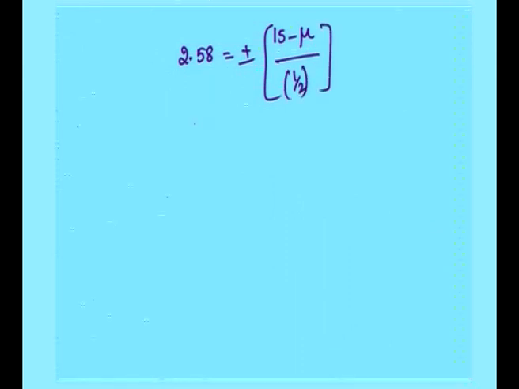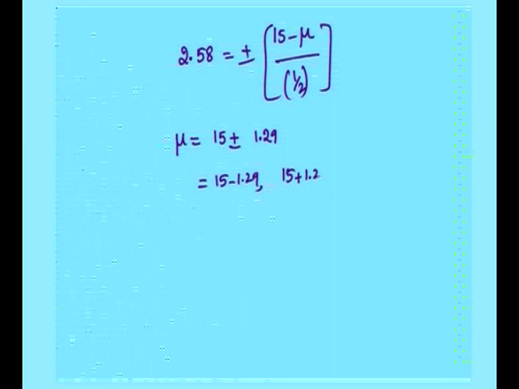Just reorganizing like in the previous subdivision, we have 15 plus or minus 2.58 times 0.5, which is 1.29. So, one value is 15 minus 1.29, another is 15 plus 1.29.